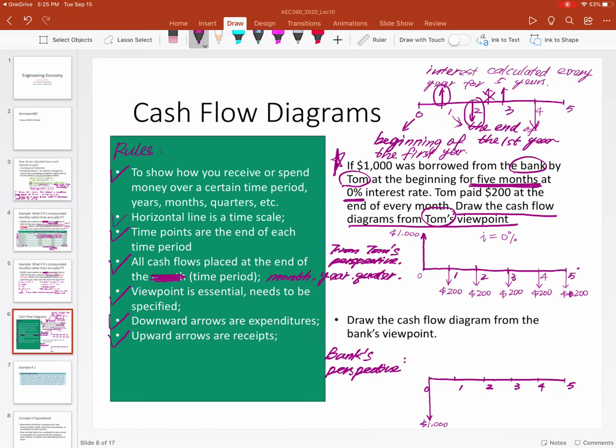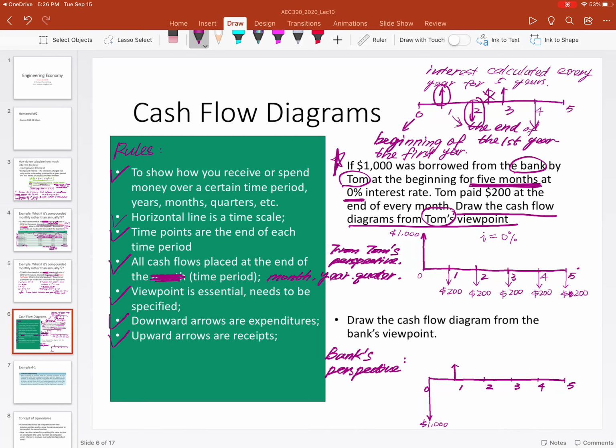And then you want to label the amount of that cash flow around that arrowhead. It's 1,000. And every month, the bank will receive $200 from Tom. And that receipt is the inflow for the bank, right? So that will be the arrow going upward. And it's going to be shorter than the first cash flow because 200 is smaller than 1,000.